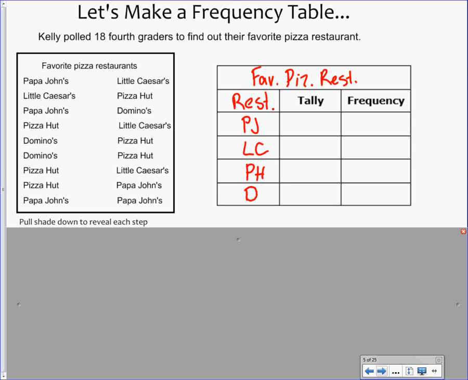Now they start tallying, and I tell them when they are tallying from a list of data, they need to cross it off and put the tally mark. So they would cross off Papa John's, put a tally mark. Cross off Little Caesars, put a tally mark. And so on and so forth.